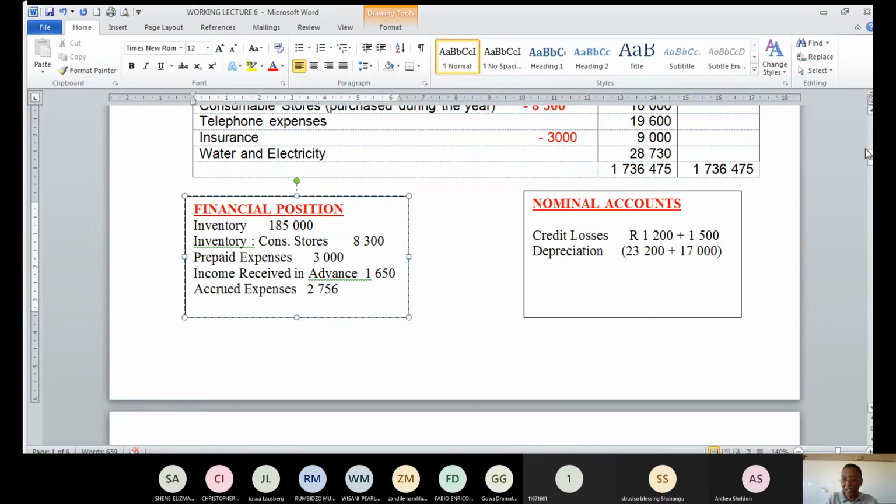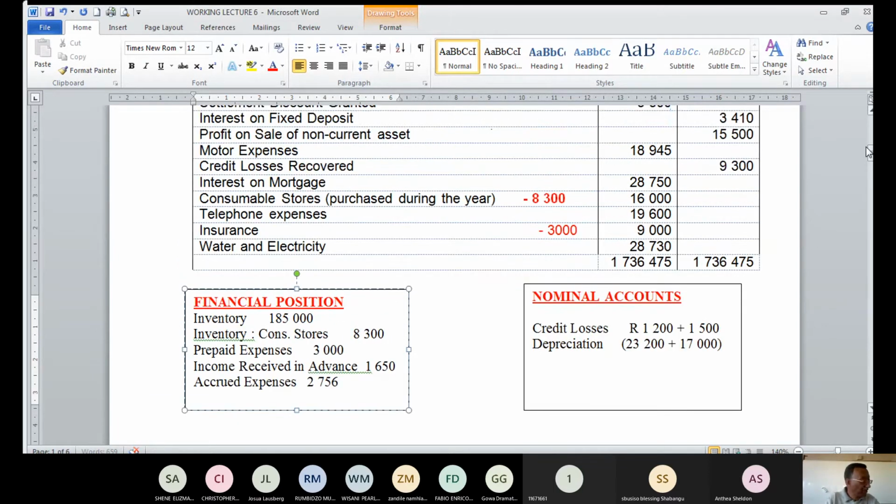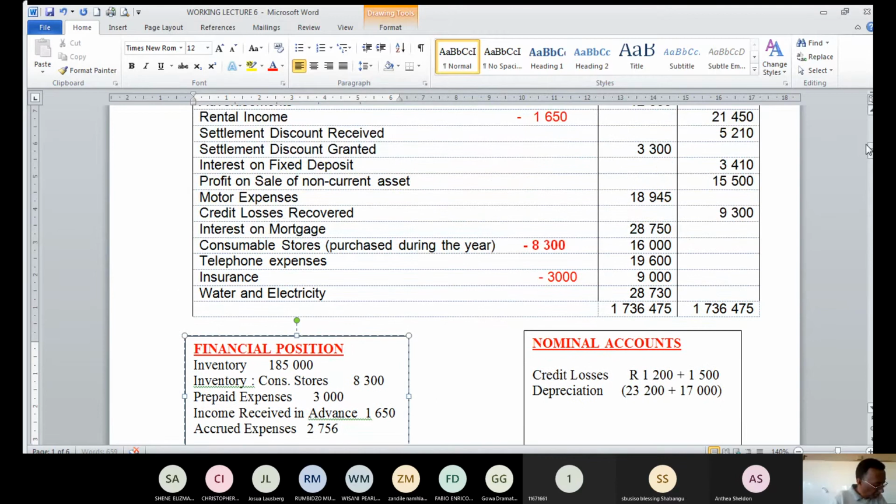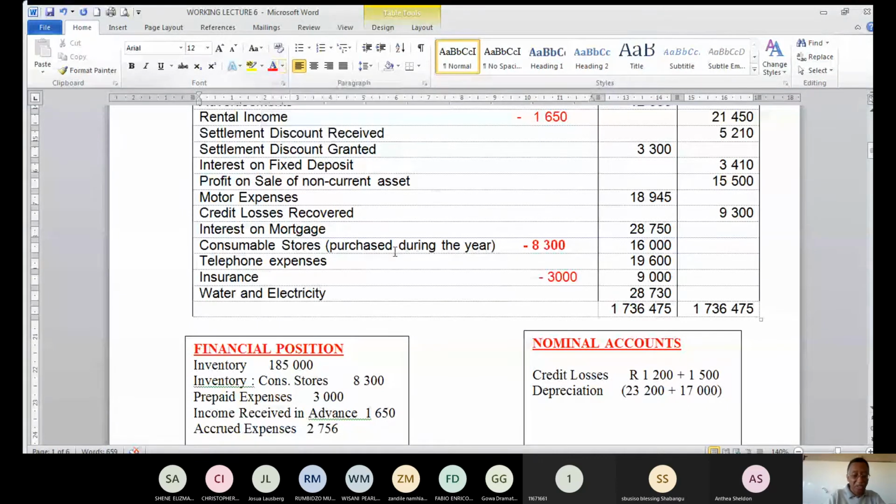And your expense account that will be affected is your expense water and electricity. Water and electricity has currently got a balance here of 28,730. You will have more expenses, and your expenses will amount therefore to a further 2,706 that must be added to the expense that you have already paid.